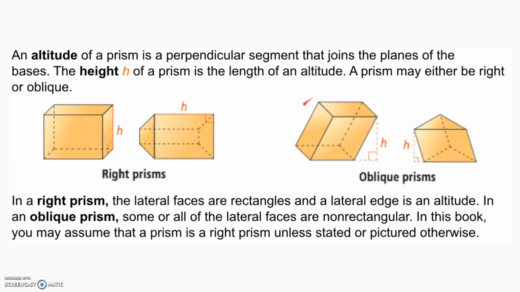Over here, though, we have the oblique prisms. What's happening here is that the base isn't perpendicular to the height. Notice that we've seen triangles like this where the height isn't one of the sides. We can see it best if we set it off to the side a little bit. So this height is still the height between the bases.